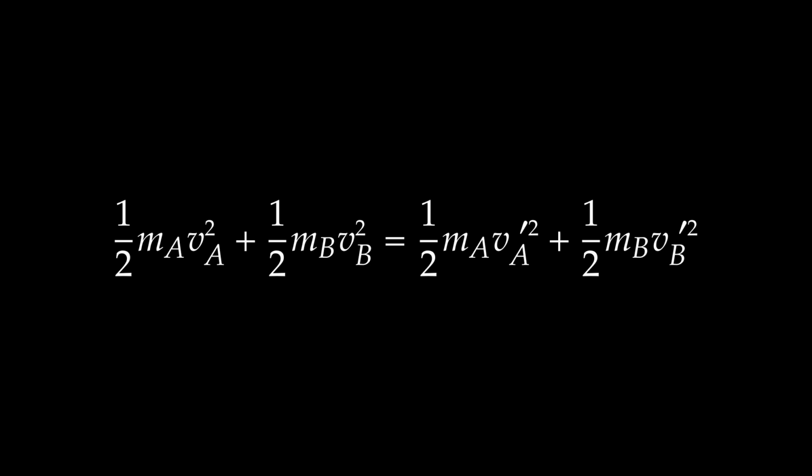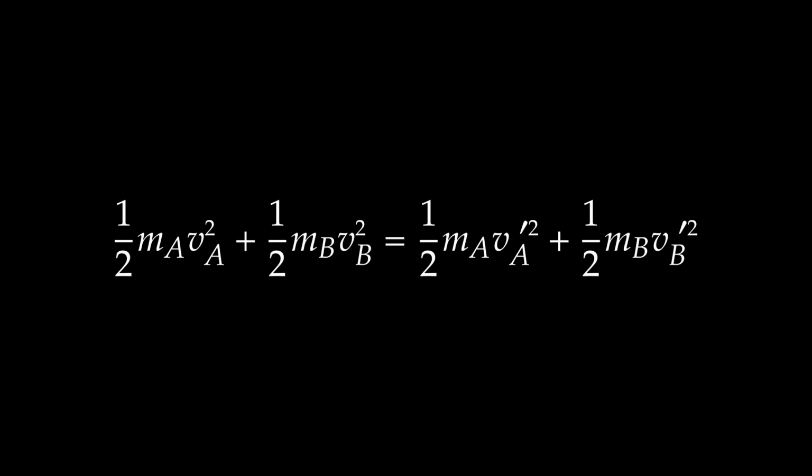I'll assert the same simplifications that I had in the first part. Since the initial velocity of B is equal to 0, the initial kinetic energy of B is equal to 0. It's just sitting there. It has no energy of motion. So the second term on the left-hand side gets struck out. Also, the masses are the same, because it's the same problem.